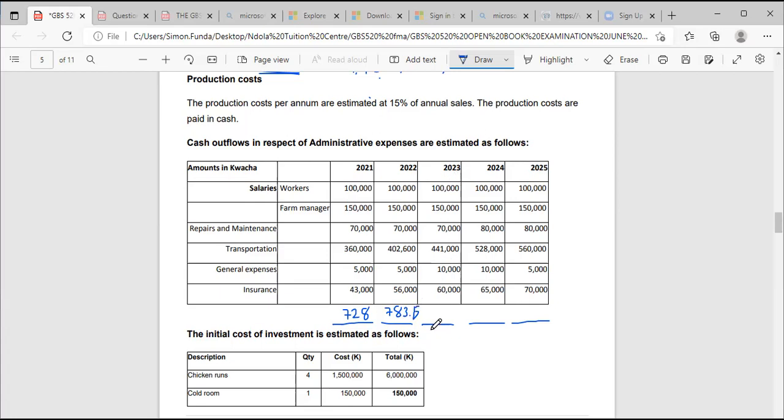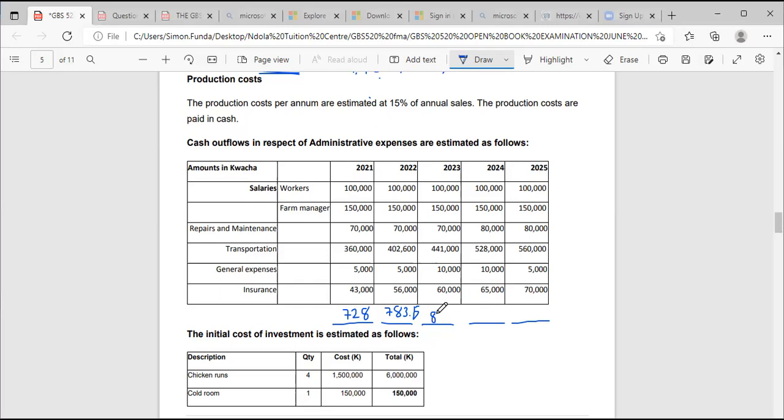Next, in 2023, we add 100 plus 150 plus 70 plus 441 plus 10 plus 60. So the total is 831.